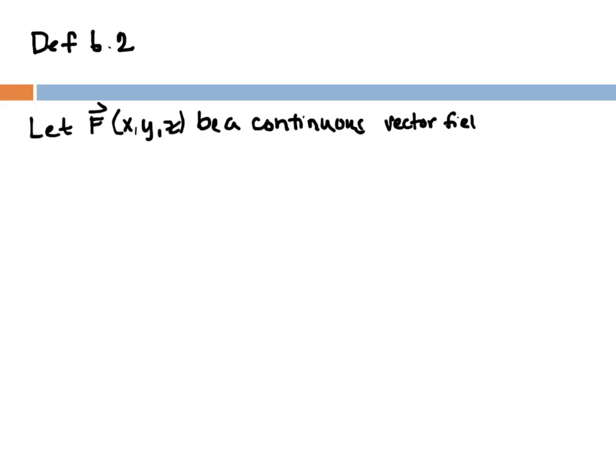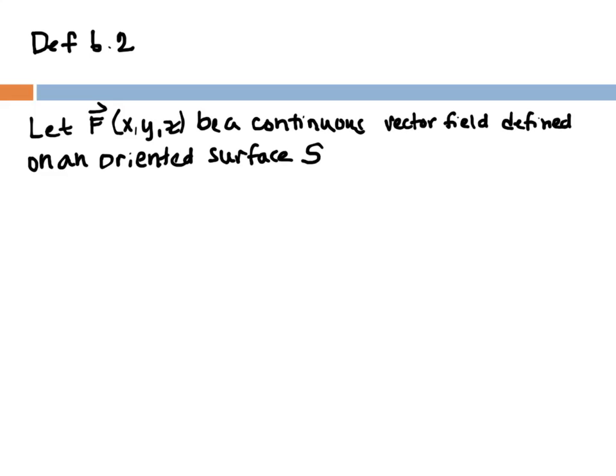It says the following: let F of x, y, z be a continuous vector field defined on an oriented surface S with unit normal vector n.